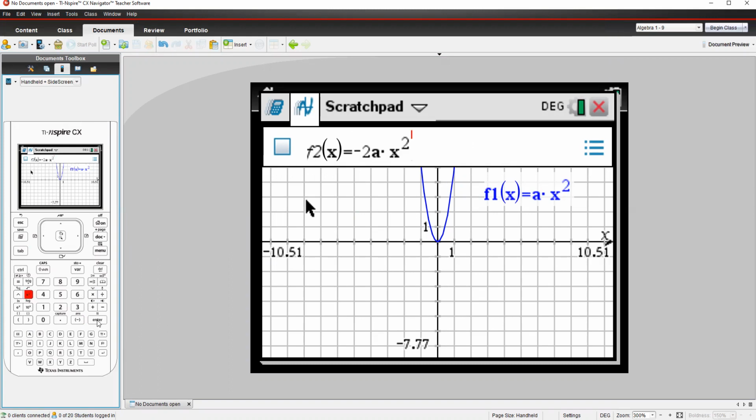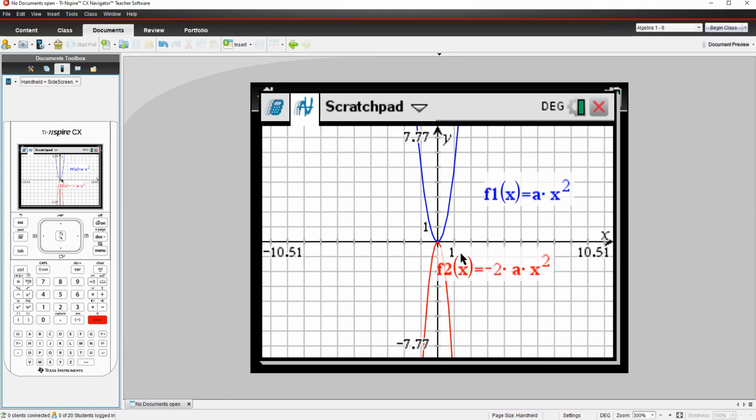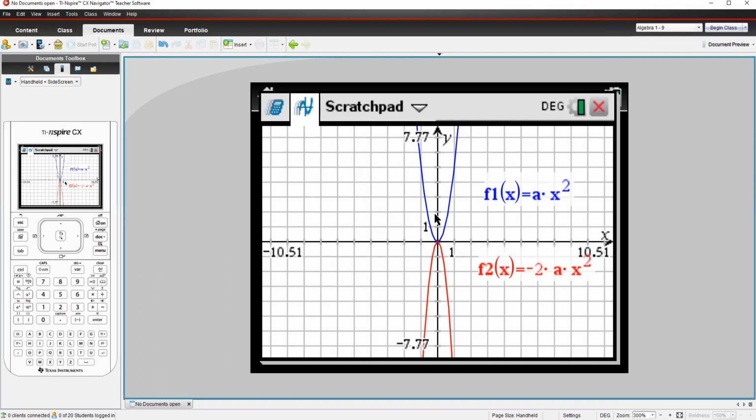And now that's going to be my next. So now the one thing that you should notice is that it flipped because of the -2. When you multiply any function by a negative number, it gets reflected over the x-axis, right? So that's what happened. But also, because we're multiplying it by a -2, it's become thinner than this one.